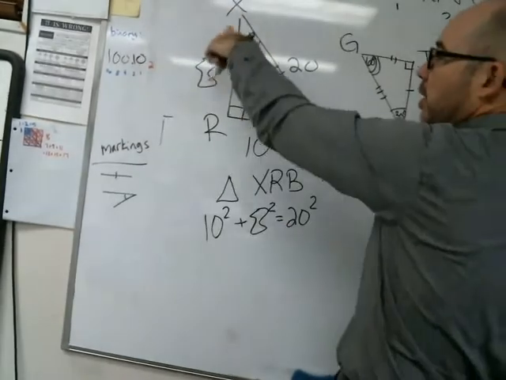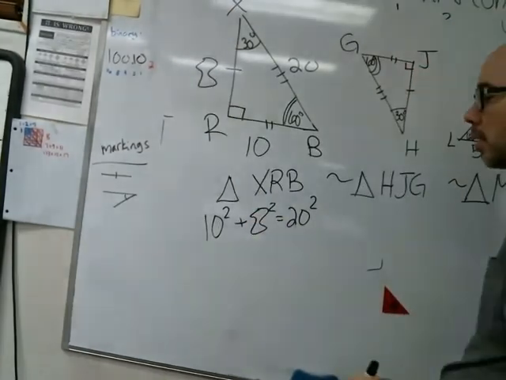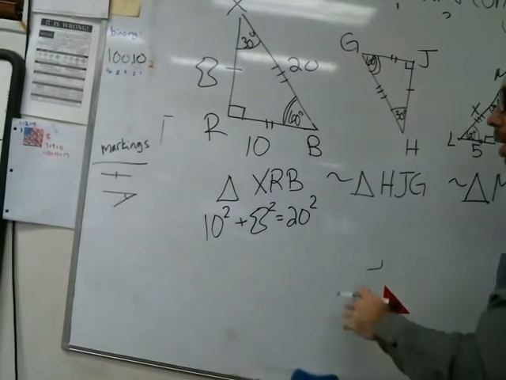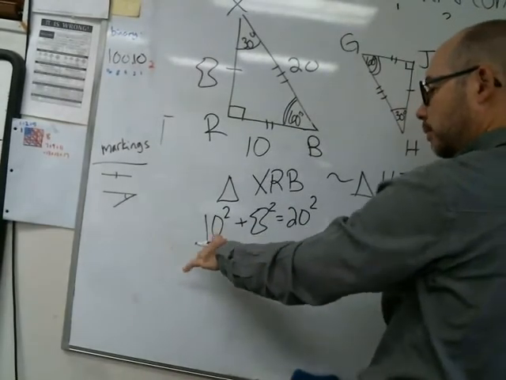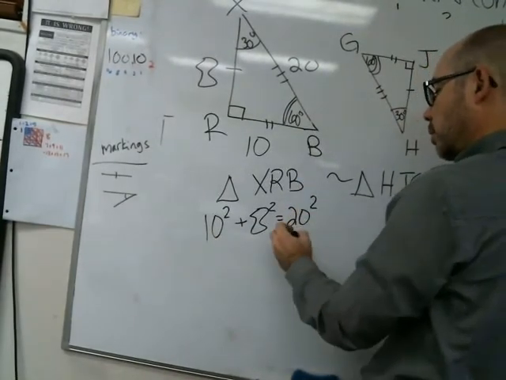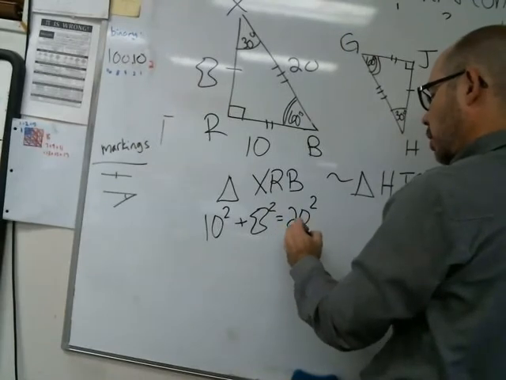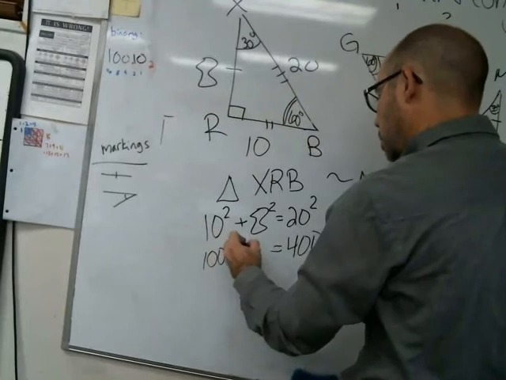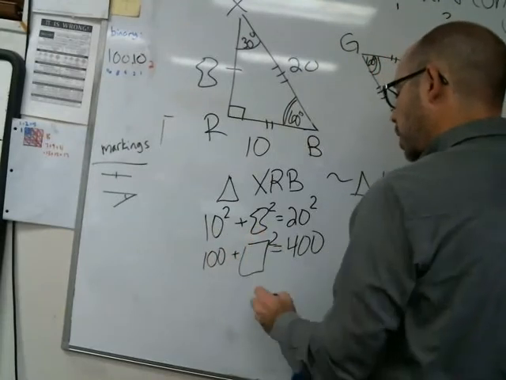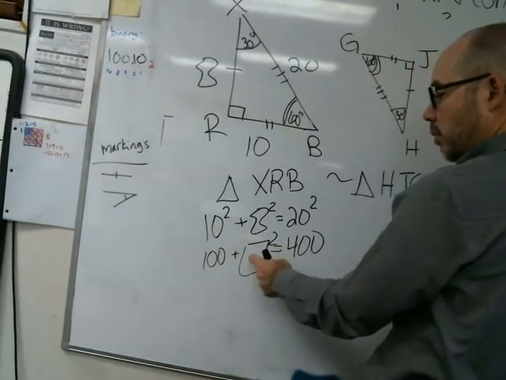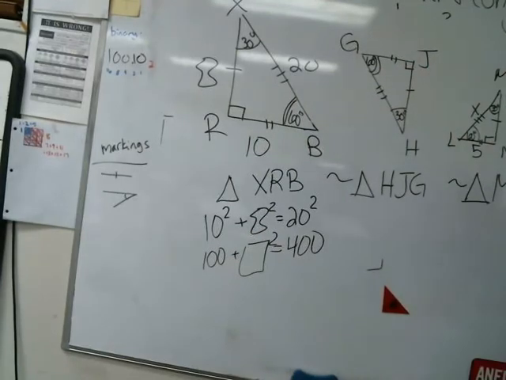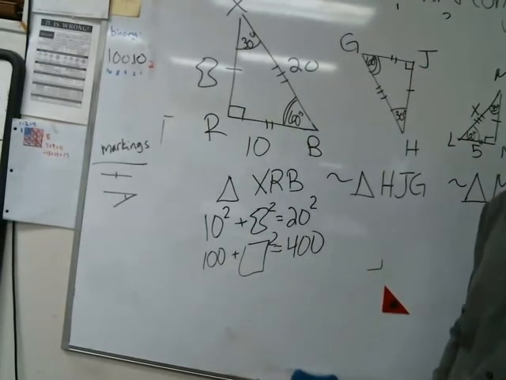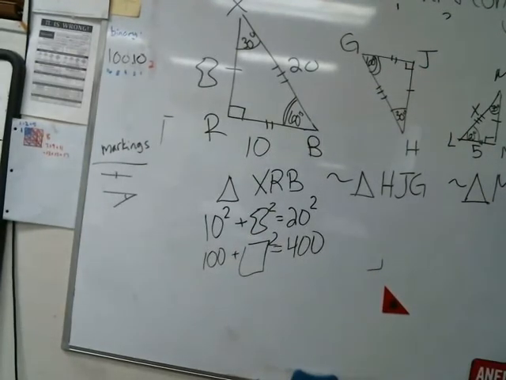If I want to figure out this third side, the length of blobbity-blob there, I got to do this math problem. 20 squared is 400. 10 squared is 100. Plus something squared. So this must equal 300. And then I'd have to take the square root of it, and I could figure out that third side.